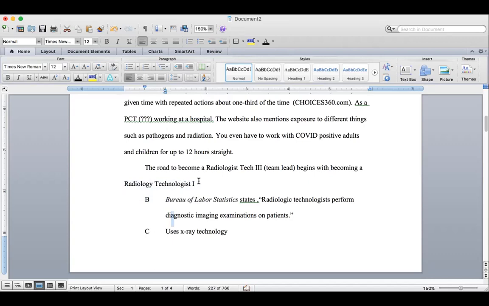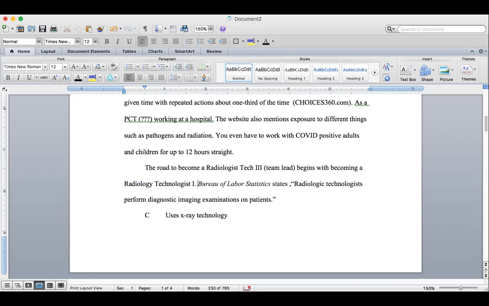All right, so then I'm going to put a period there, and then I'm going to move my cursor down here. I'm going to say the Bureau. Okay, and I don't even know why this is here, but defines this position as performing.